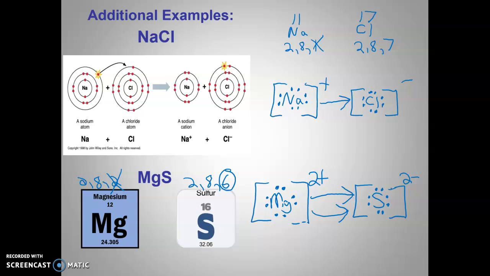So the key is to remember that you're drawing the Lewis dot structures, showing me that if you drop down, if you're a cation, if you drop down to an energy level, I still want to see that octet like I did here for sodium and magnesium. And then show me the electron transfer with an arrow. So give me 1 arrow for every electron that's being given off and show me where those electrons are going.